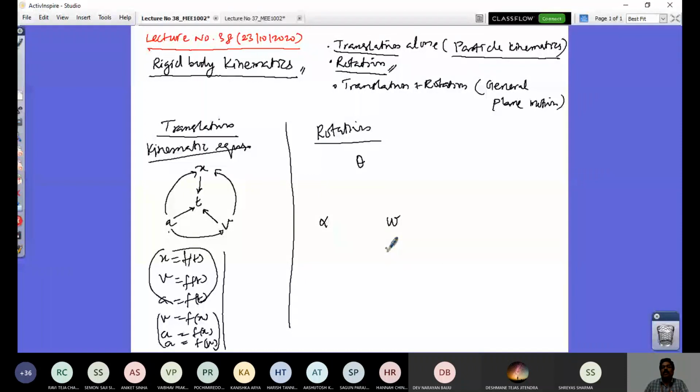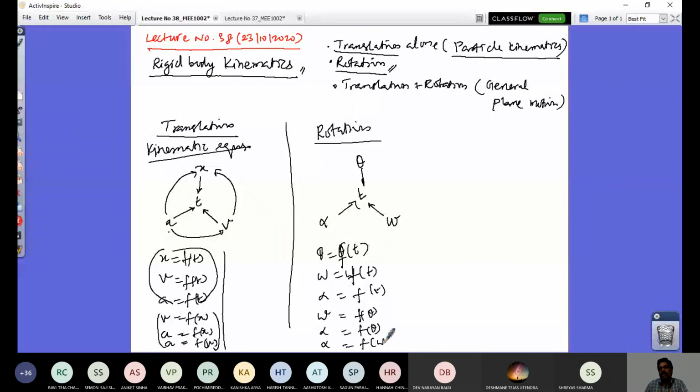So I will have 6 motion equations for rotation as well. 3 primary motion equations where I can represent theta as a function of time, or omega as a function of time, or alpha as a function of time. And I can also represent omega as a function of theta, alpha as a function of theta, and alpha as a function of omega.